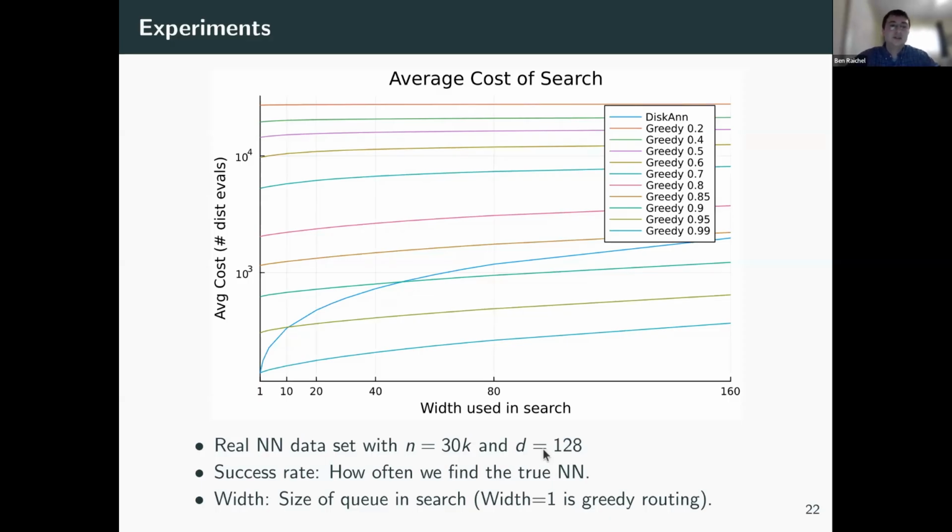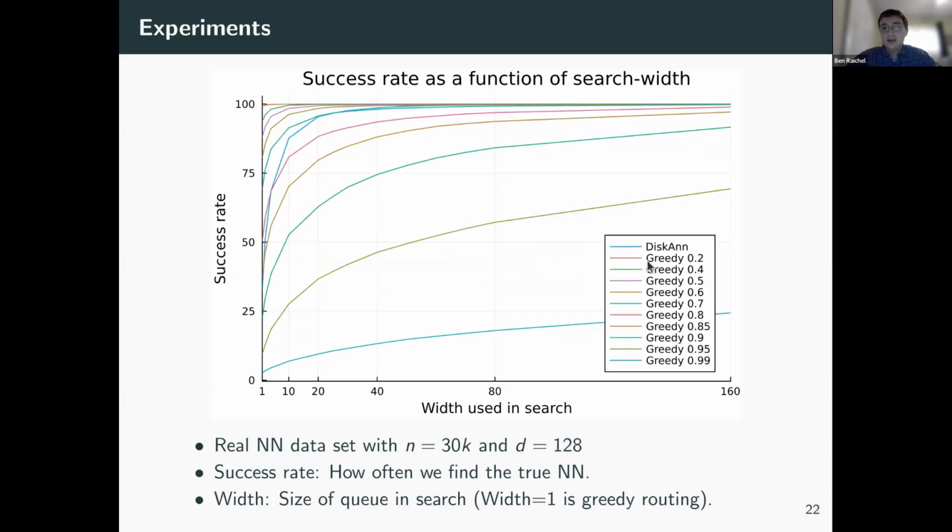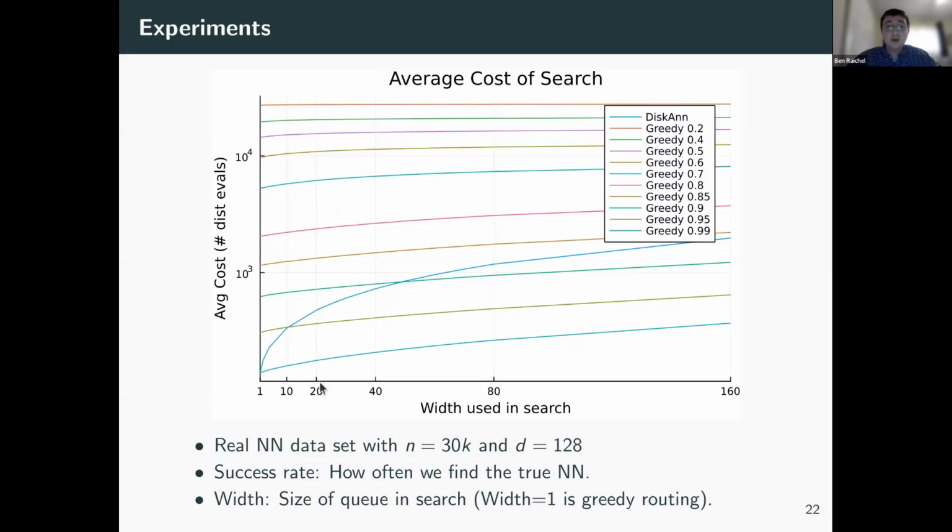The mystery is, we're showing that with the way DiskANN sets its parameters by default, it's not navigable, at least not with those parameters. But if you increase the width, it still gets a good success rate, and yet somehow it's able to do this with a very sparse graph.